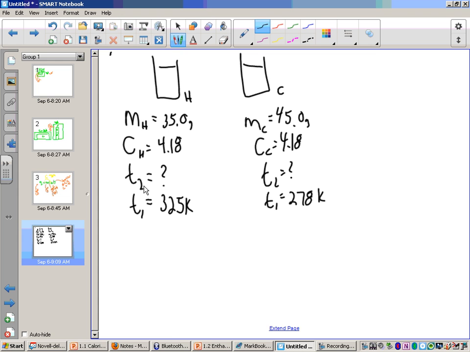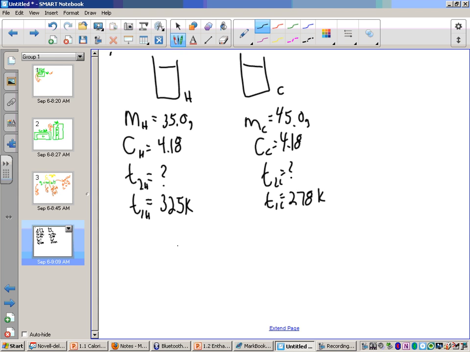Now I do have to put a couple more marks here because I want to make sure I differentiate between my 1s and 2s. So this is like T2 hot and T1 hot and T2 cold and T1 cold. Okay?